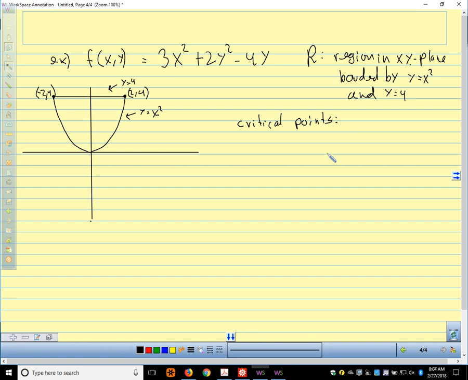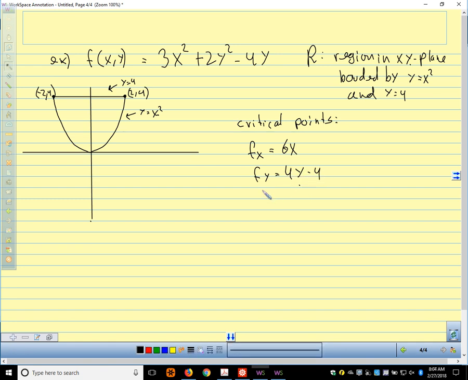Our critical points, this turns out nice, right? Because f sub x is 6x, f sub y is 6y. Sorry, no, 4y minus 4. I was being optimistic.